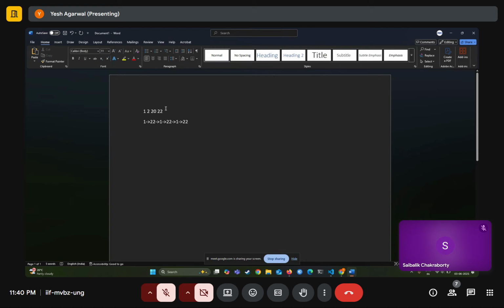But let's say there were two groups. The number of groups here is 2. So one might say we can do 2, 20, then 2, then 20, then 2, then 20, right? By this we can maximize also.